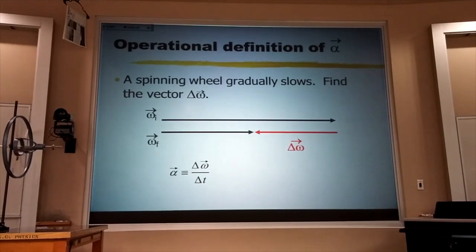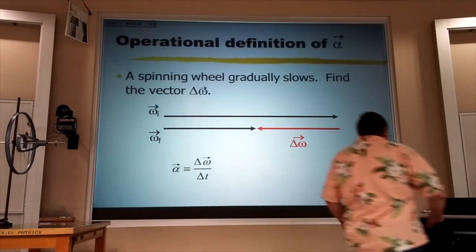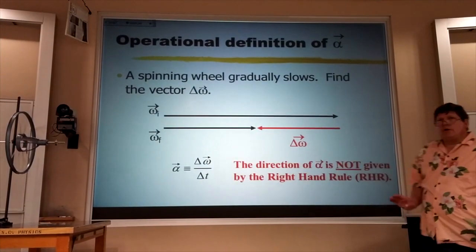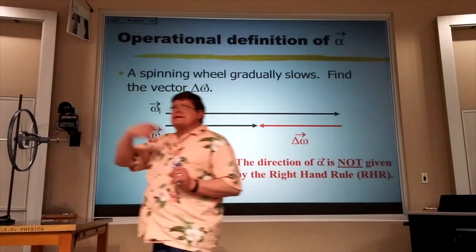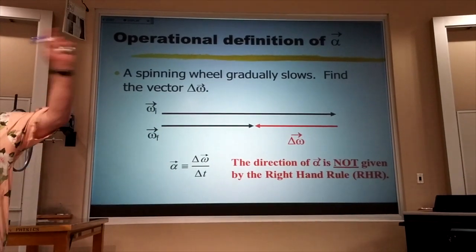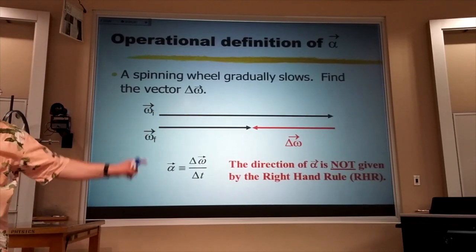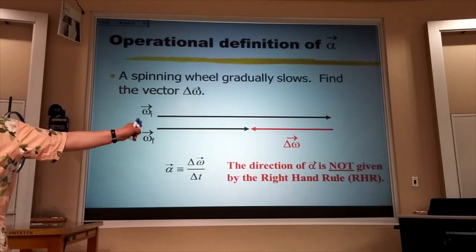It's just longer. Okay? Now, what this means is that whenever we're slowing a wheel down, whenever it's turning slower and slower, the omega vector and the alpha vector will have to be in opposite directions, as in this example here.